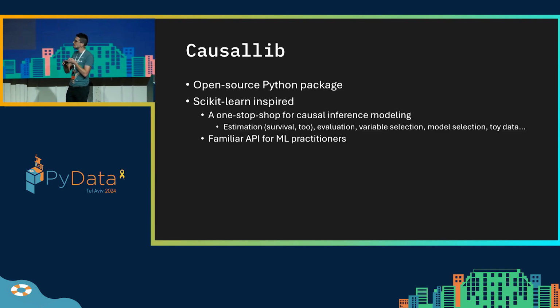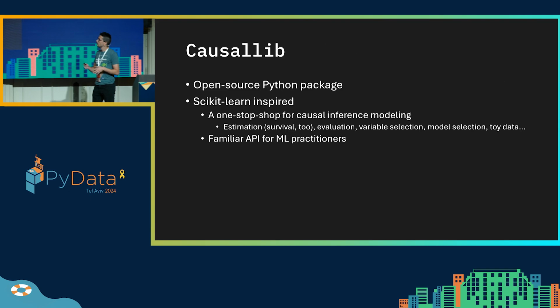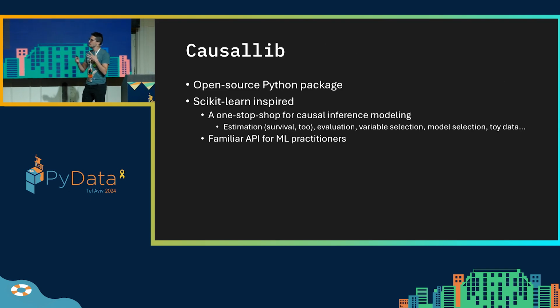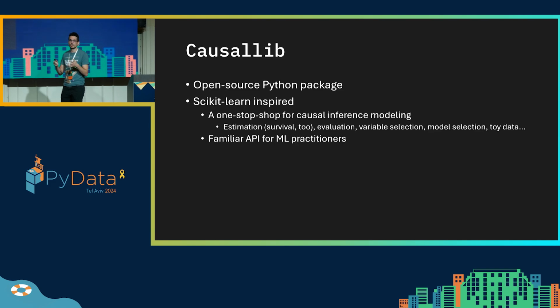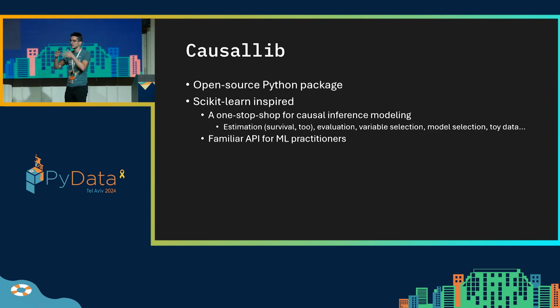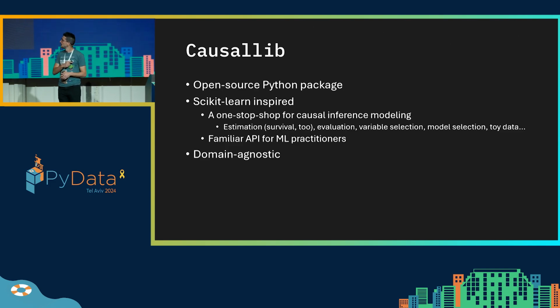Have the ability to do both prediction or estimation and evaluation and variable selection and model selection, have toy data, etc. And both in having an API and design that will feel very familiar for those machine learning practitioners who come from the scikit-learn Python scientific ecosystem.